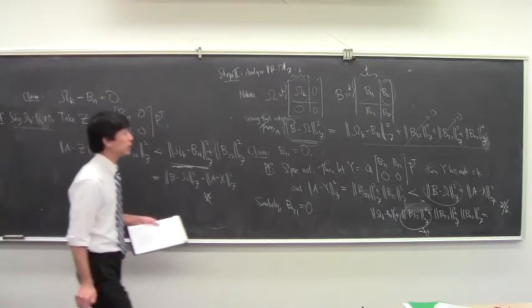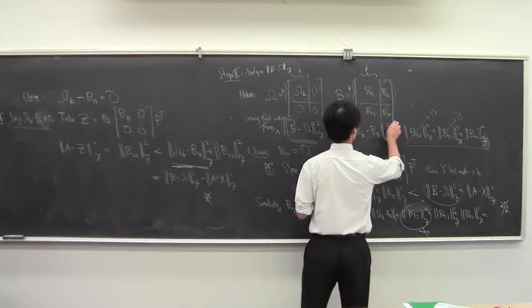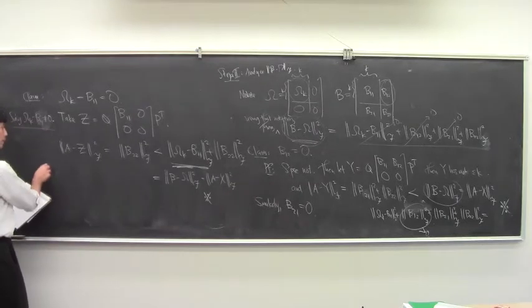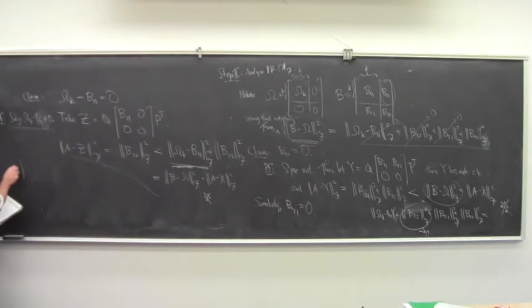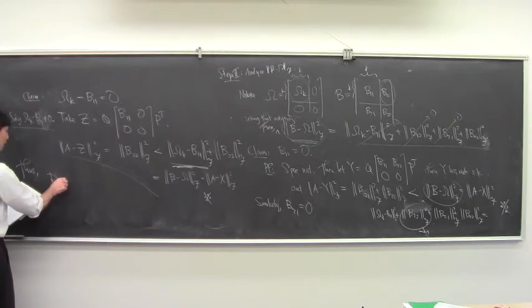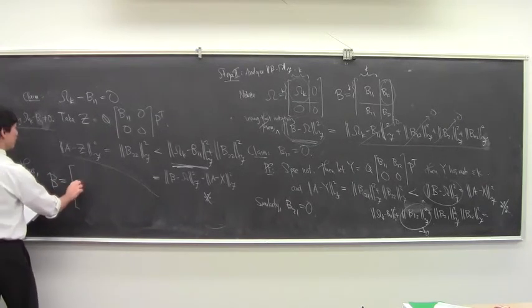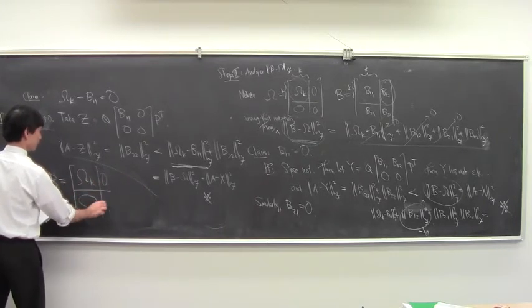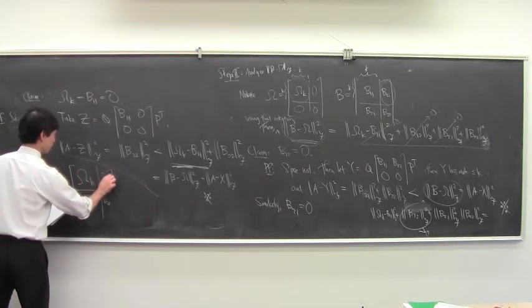So each of these pieces is going to be 0. And what that tells us is that B looks like this: omega k, 0, 0, B22.